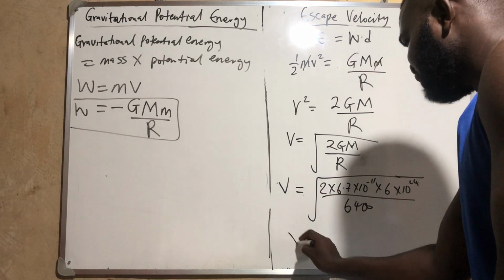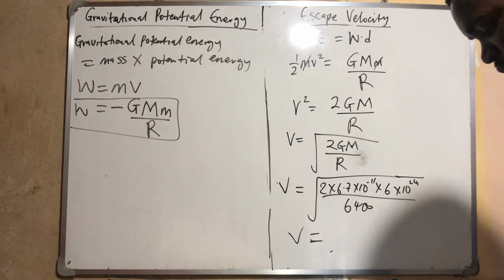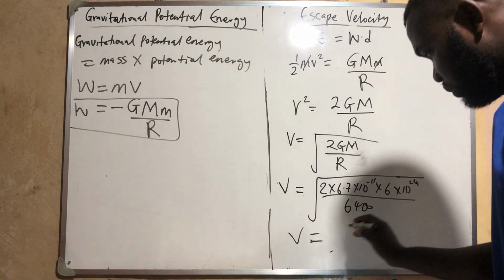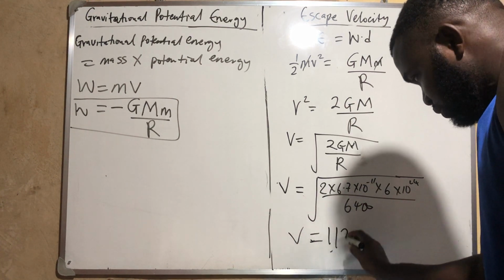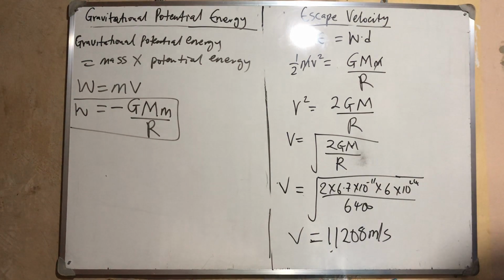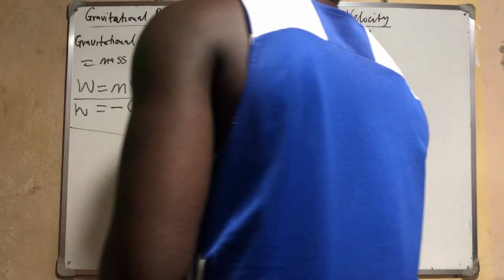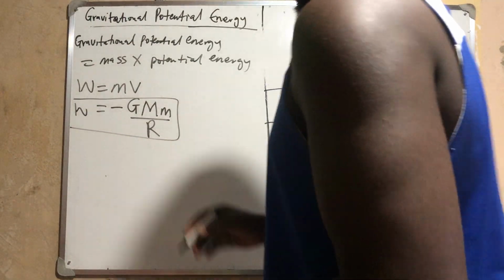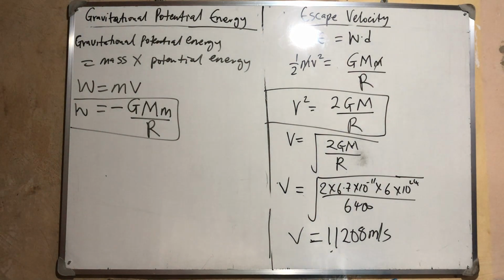If you do everything, the escape velocity of the earth will give you 11208 meter per second approximately.